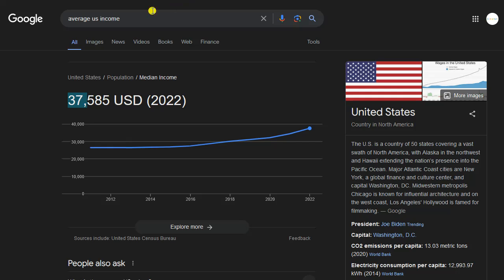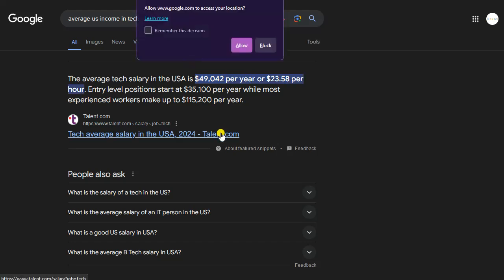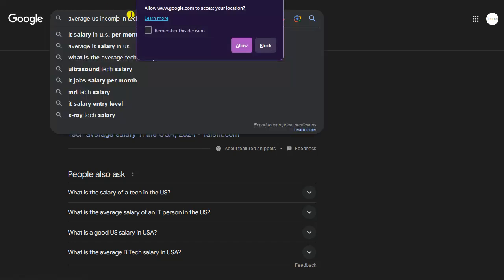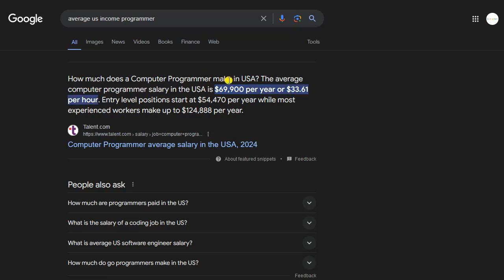Let's check out the average US income in tech, right? In tech, because we are a tech channel. In tech, salary is like 50K or so. Let's say a programmer makes like 69K. Some experienced workers make 124K.